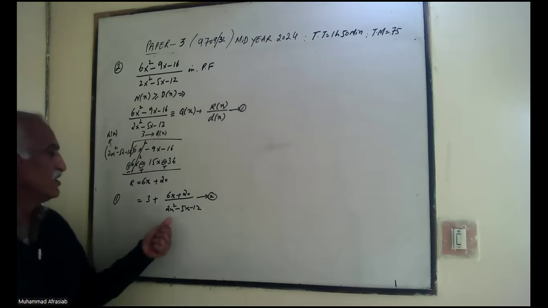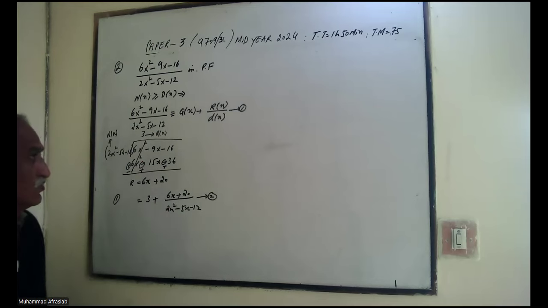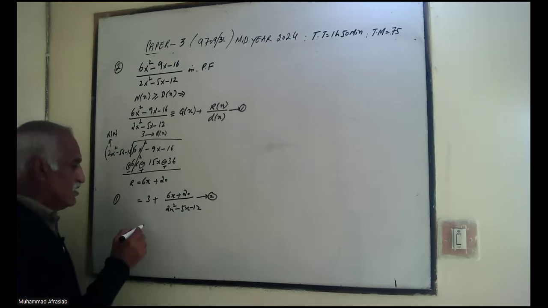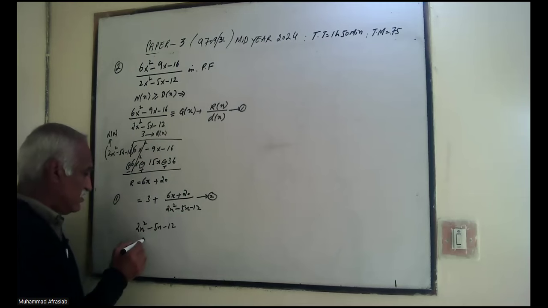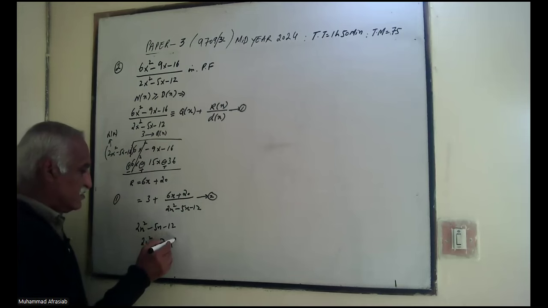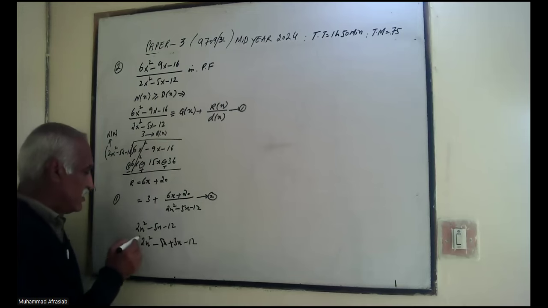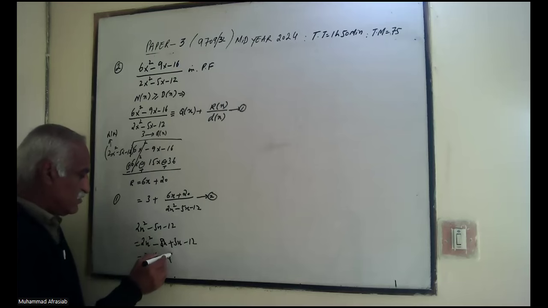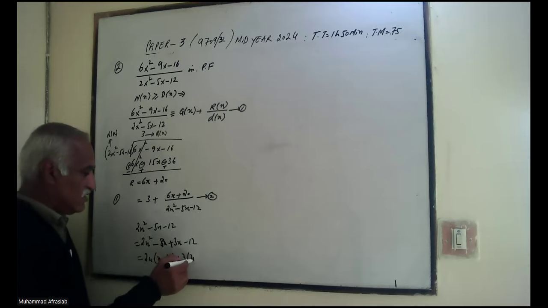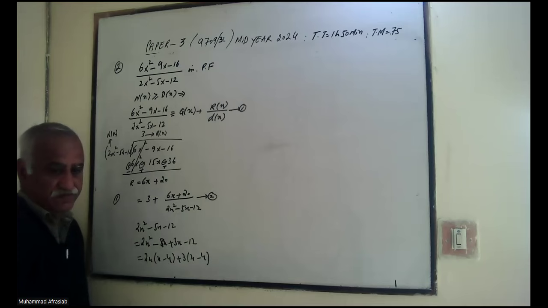But since the denominator is in quadratic form, we are going to factorize this denominator into parts. So 2x squared minus 5x minus 12 is 2x squared minus 8x plus 3x minus 12. That is equal to 2x common, x minus 4, plus 3 common, x minus 4.